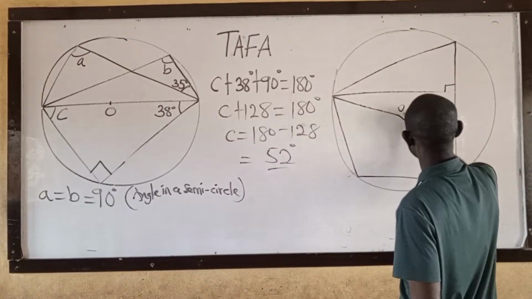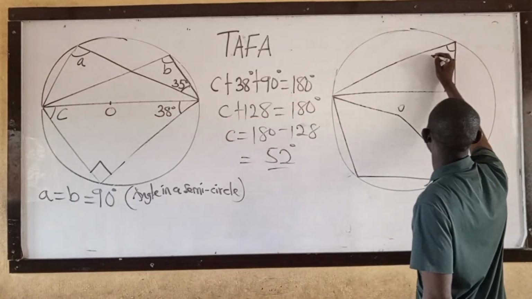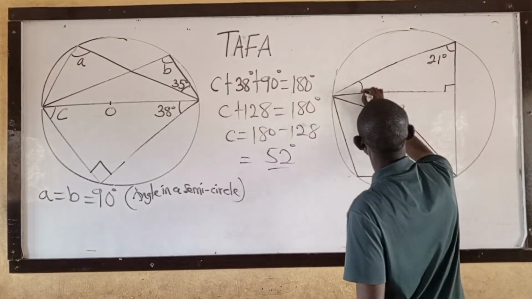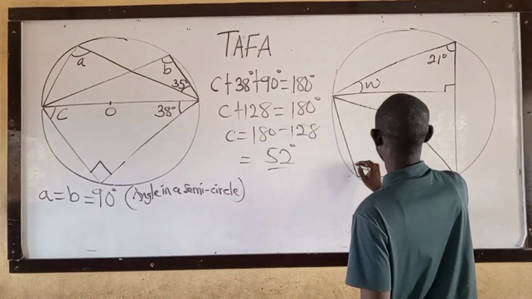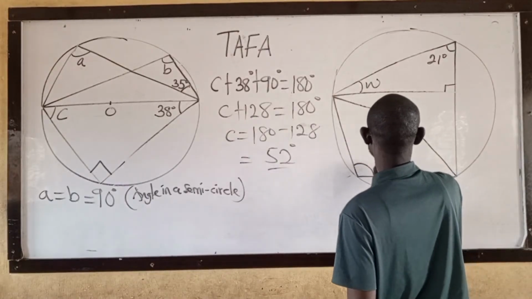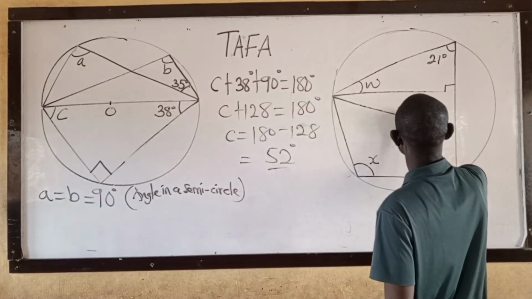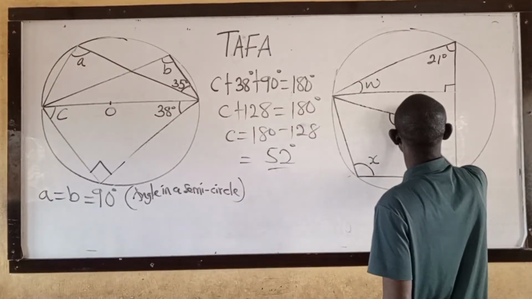We put out this is center. So this is what now? 21 degrees. This is W. This is X. This is Y. Okay, let's do that this way.